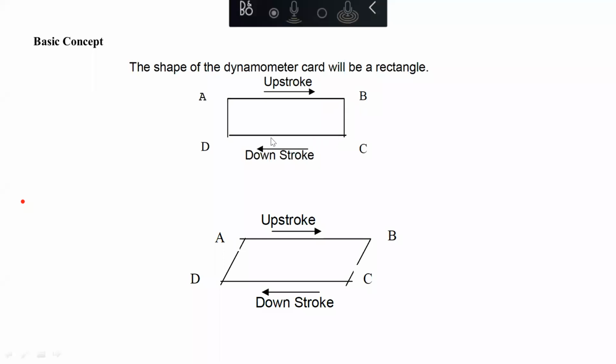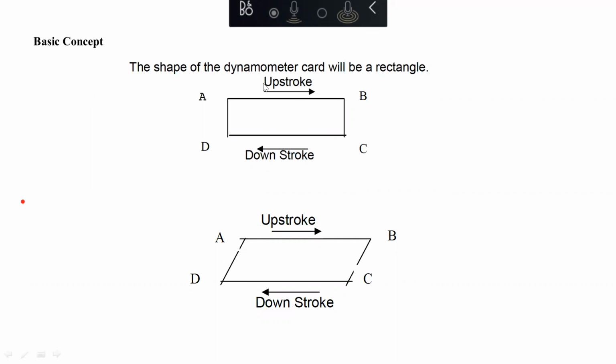During downstroke, your traveling valve will open. Because the traveling valve is open, your load is lower. During upstroke, you are lifting all your liquid that went inside your plunger during downstroke, so your load will be more compared to your downstroke.